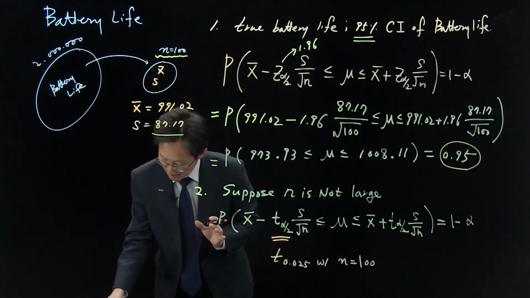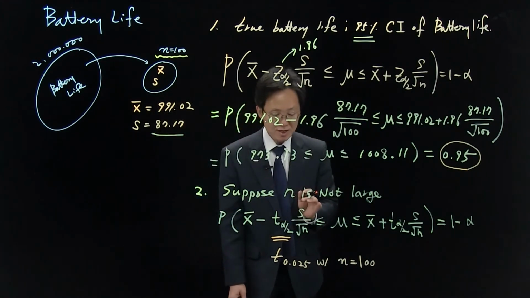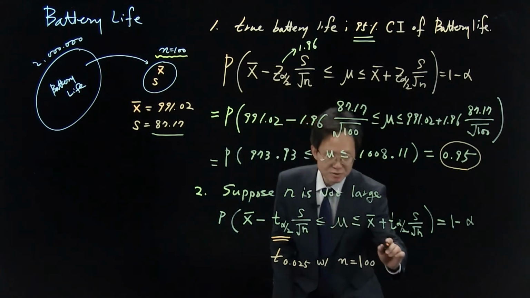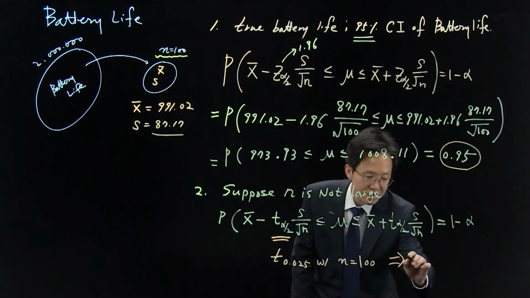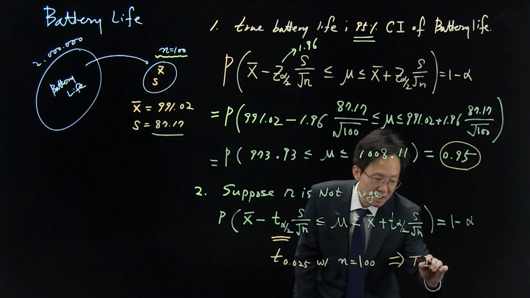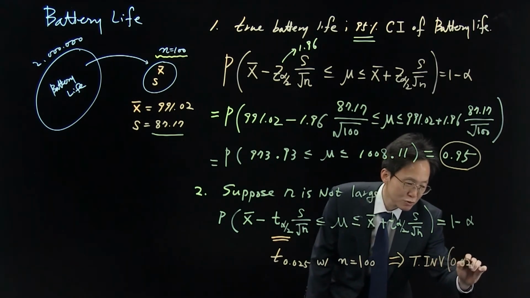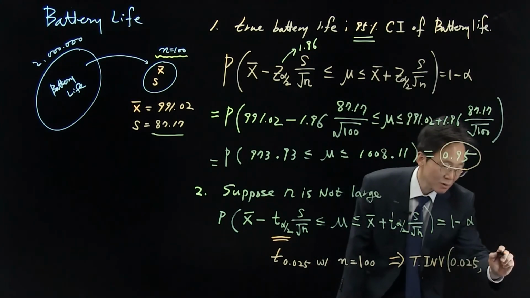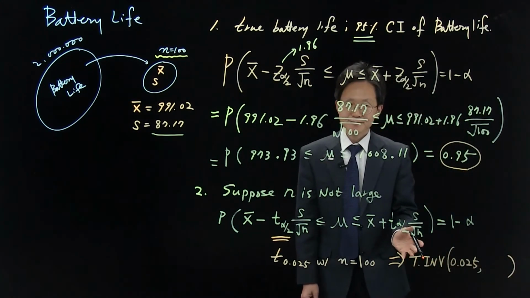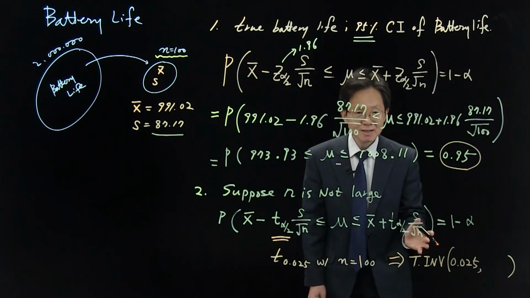Okay, very good. I hope that everybody was able to calculate this. How should I do this? I can do this like this. Let's say t dot inverse 0.025, and what is the degree of freedom? It's not n, right?